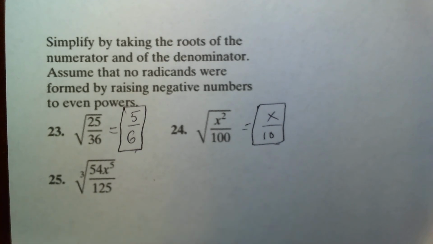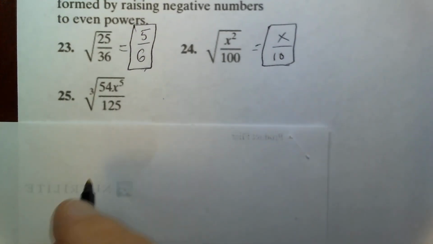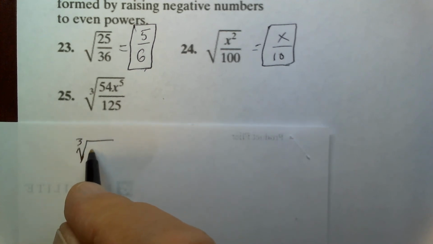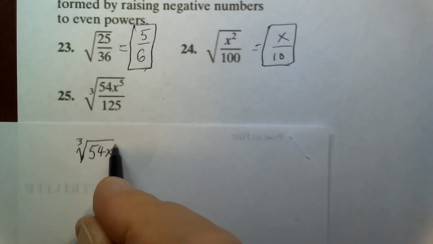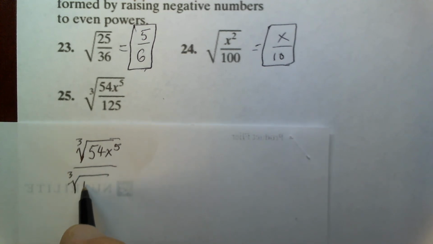Now, for number 25, it's a little more complicated. So we need to think about that. But here the idea is to rewrite this as the third root of 54x to the fifth divided by the third root of 125.